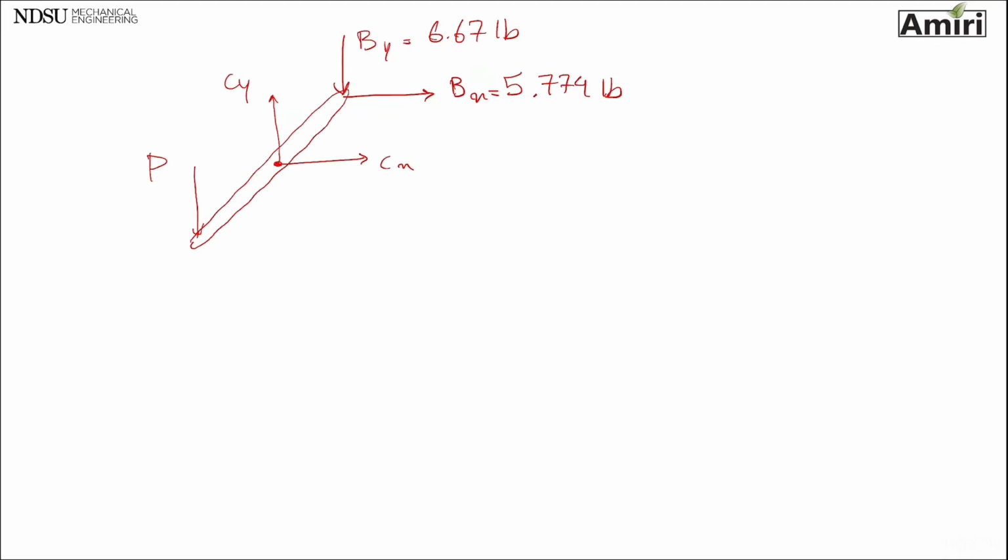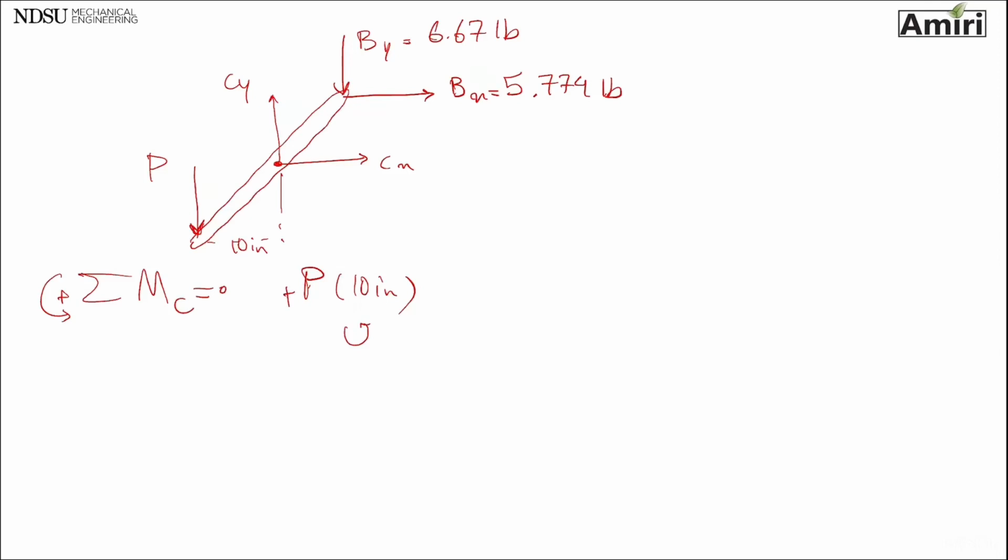Okay, so let's write summation of moments about point C equals 0. I have force P at the distance the problem has given, 10 inches, rotating this way, so that's plus.